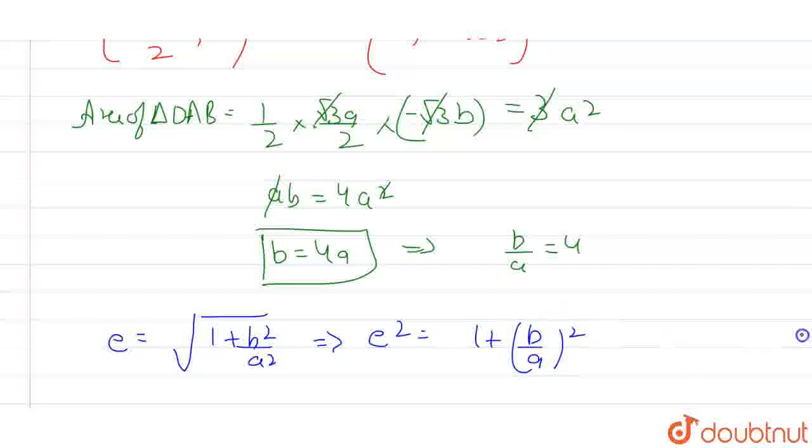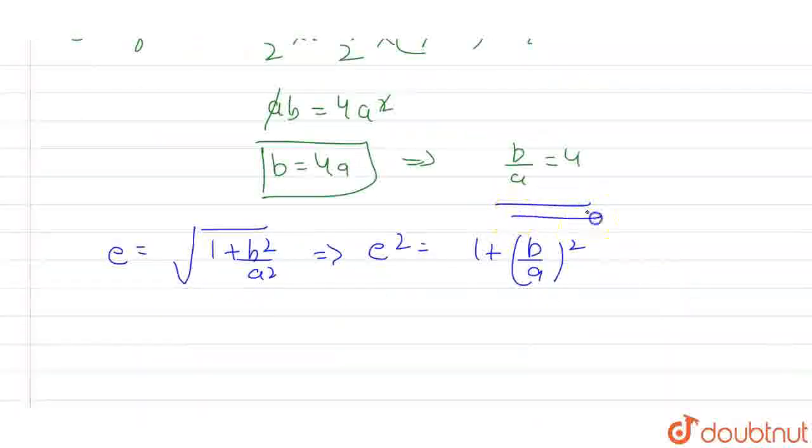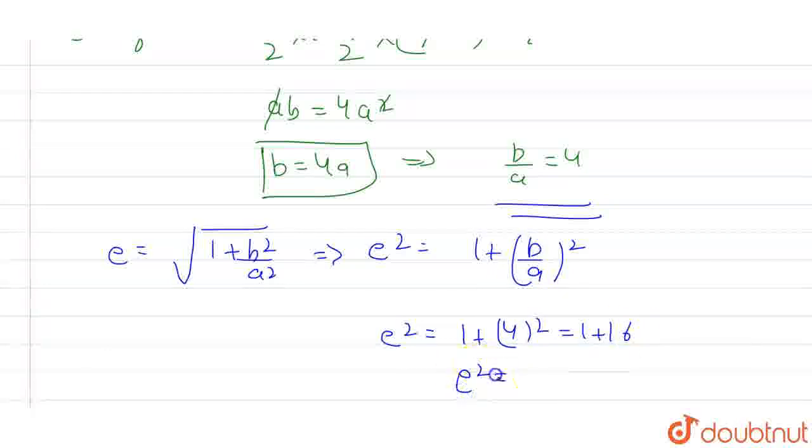The value of b by a is 4, so e square equals 1 plus 4 square, which is 1 plus 16. So the eccentricity square value comes out as 17. This is the value we were required to find according to the question.